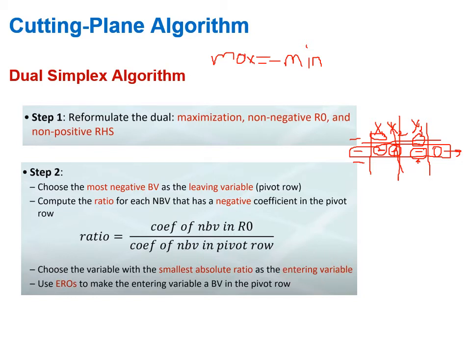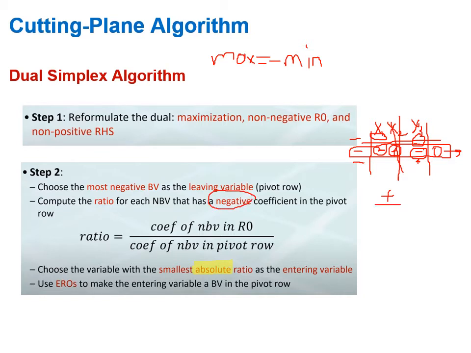Okay, but this smallest ratio is in terms of absolute values. Be careful. Why are we saying absolute values? Again, because row 0 coefficients are all positive, and we find the ratio for only negative coefficients in the pivot row.